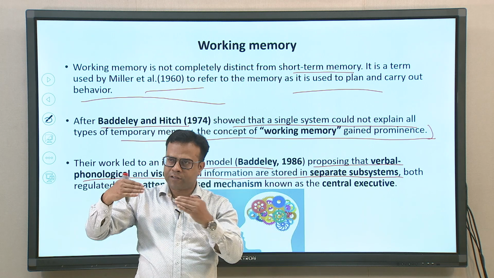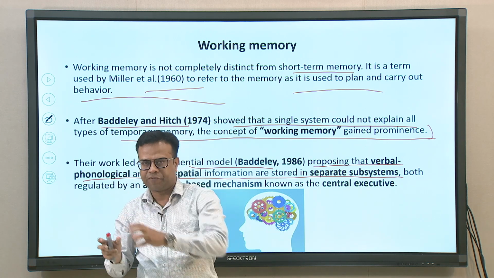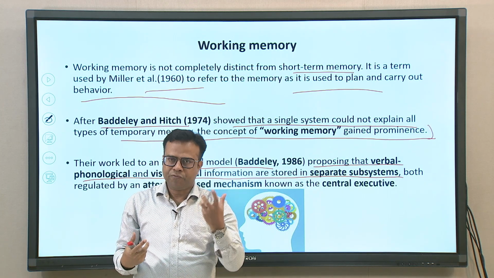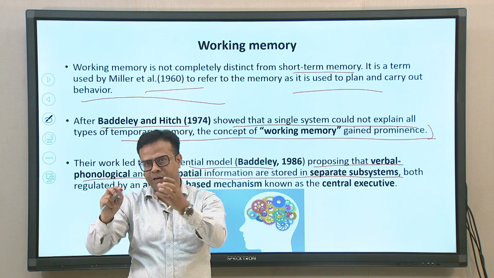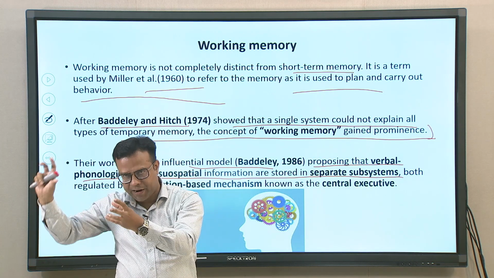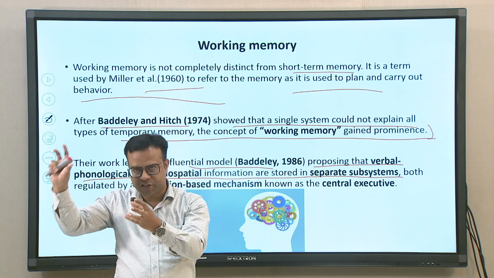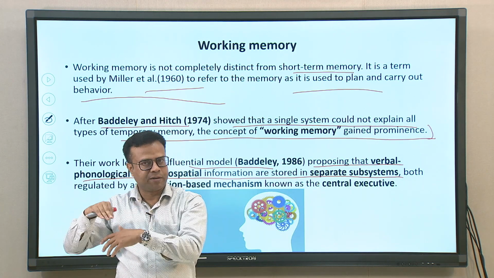So, they found that within the short term memory there can be different modules or different subsystems, where visual information, when it is transferred from sensory memory to short term memory, is handled by a separate visuospatial system. Auditory information is again handled by another system.